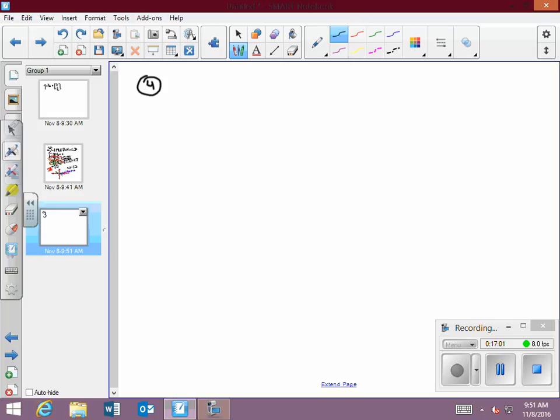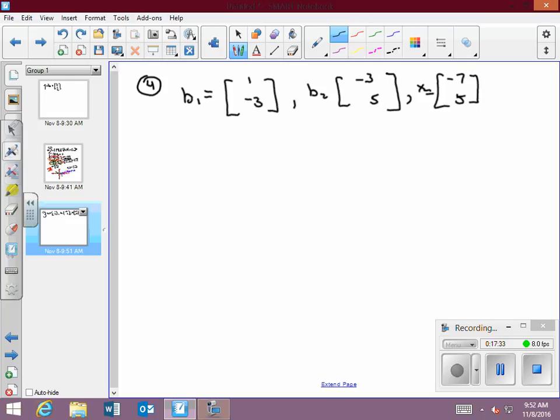So number 4 says that b1 is equal to 1, minus 3. b2 is minus 3, 5. And x is minus 7, 5. And they want the x beta.